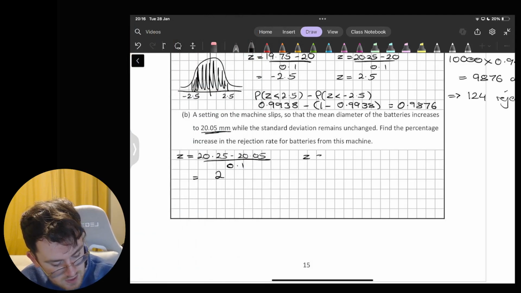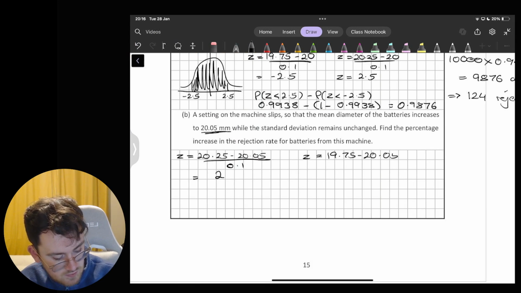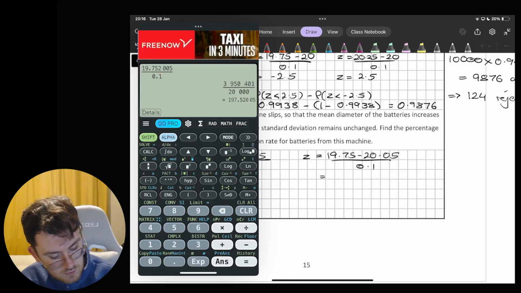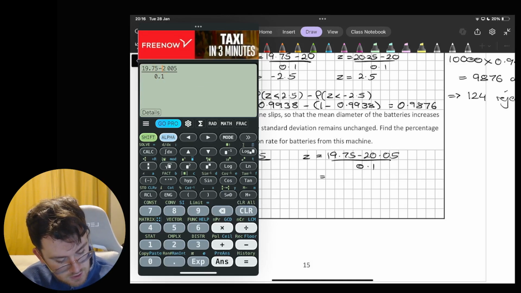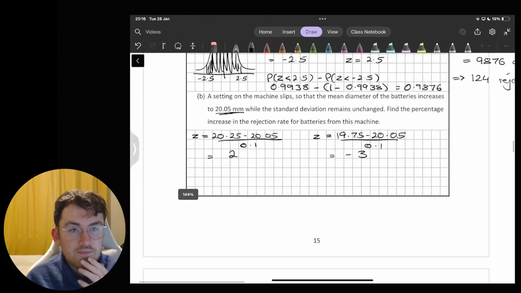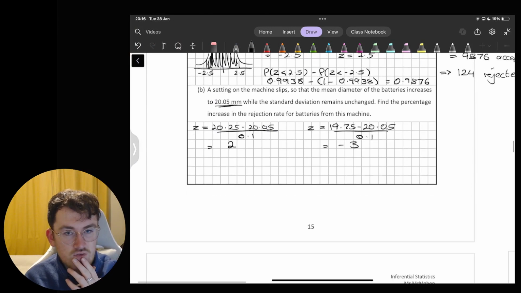And on the other side, 19.75 minus 20.05 all over 0.1 is, sorry, I forgot to put in the minus there, which is quite important, minus 3. So that slightly changes the region that we're looking for.